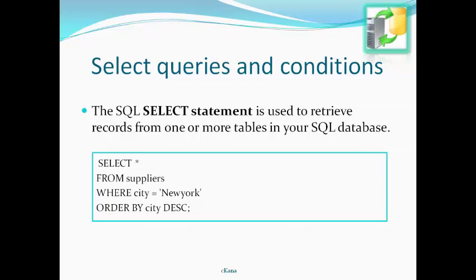Now in this example we have used the asterisk to signify that we wish to view all the fields from the suppliers table where the supplier resides in New York. Now we want the result set to be sorted by city in descending order. So we write order by city descending. This is a typical example of a select statement.